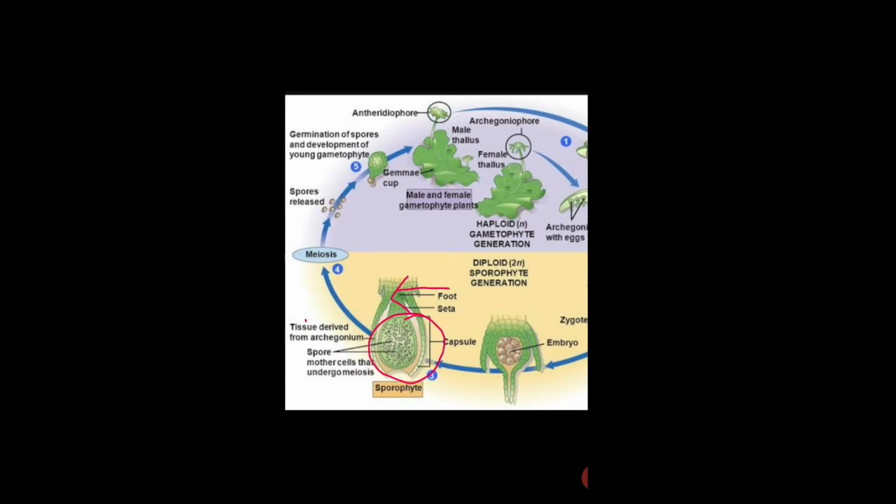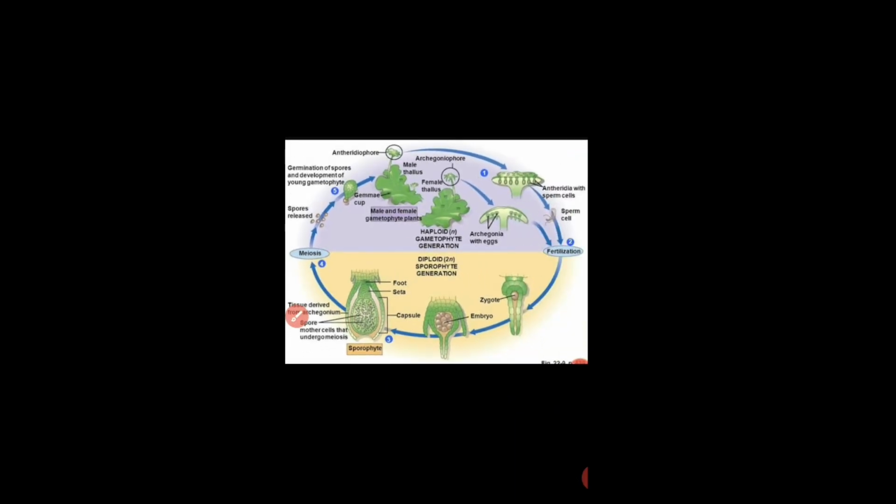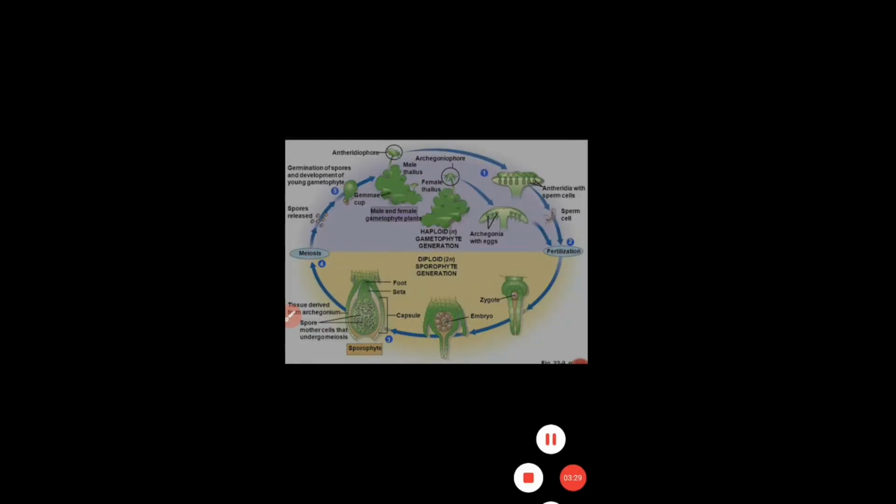So in capsule the spores are present, and foot absorbs nourishment from the gametophyte, right? And when meiosis occurs, it will release haploid spores and again on germination will develop into gametophyte. Okay, so this is the life cycle of liverwort.